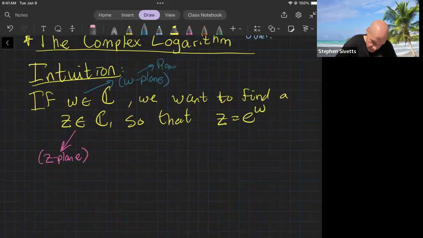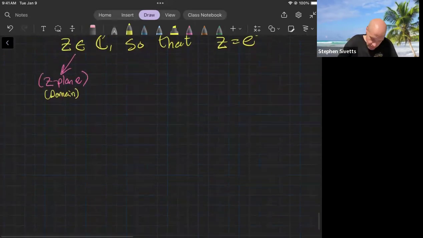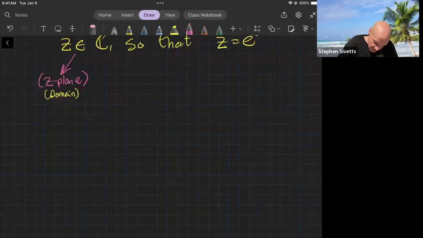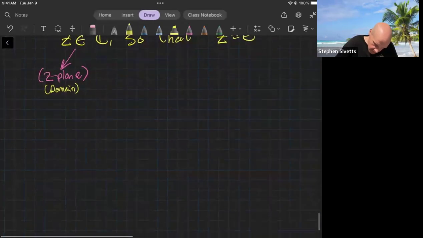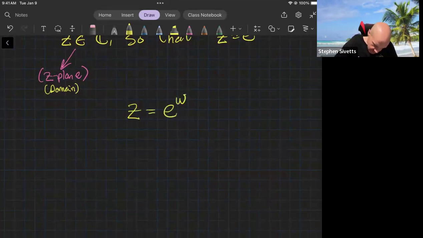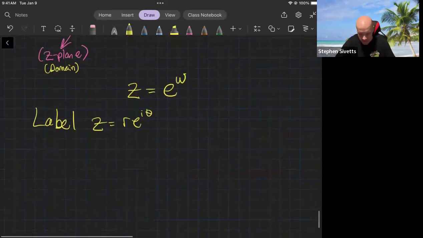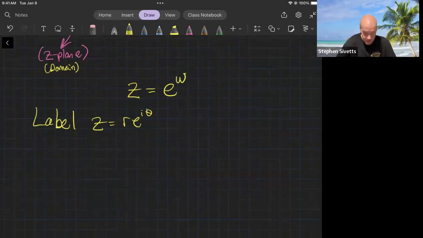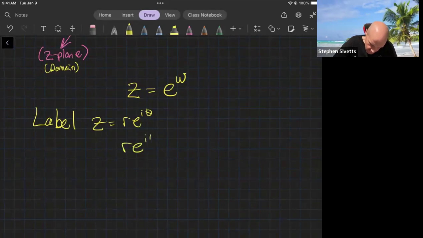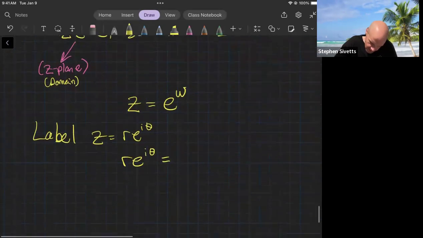So what I mean here is the range, and this here is the domain, right? Okay, so we can look at this relationship a bit closer by labeling what z equals in terms of polar coordinates. So if z is equal to r times e to the i theta, then we can express it that way.